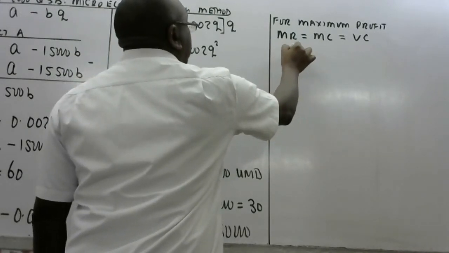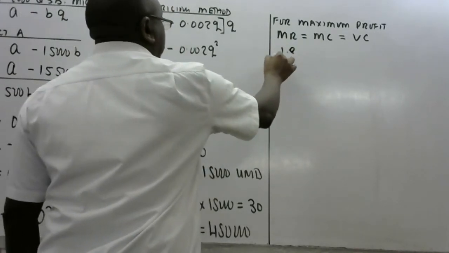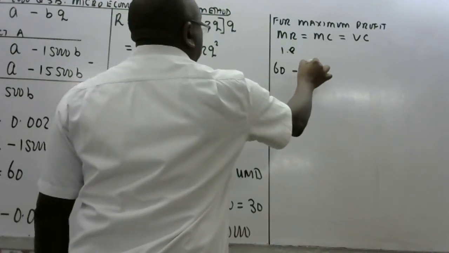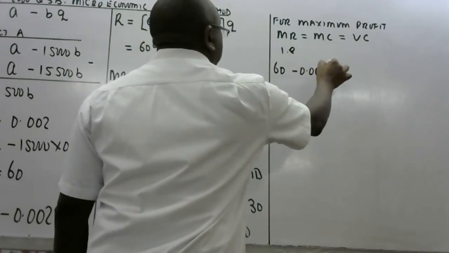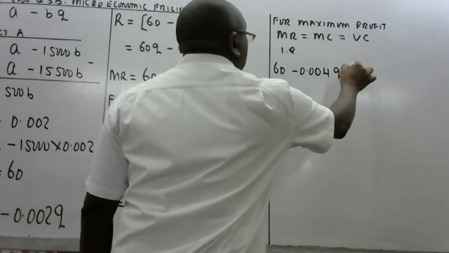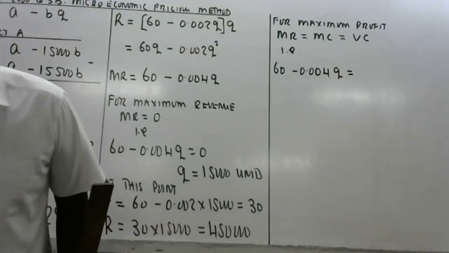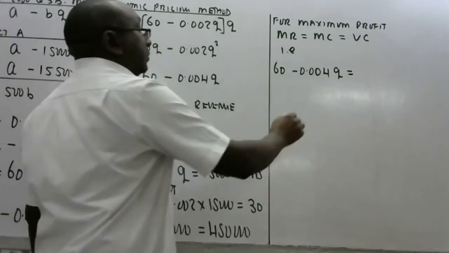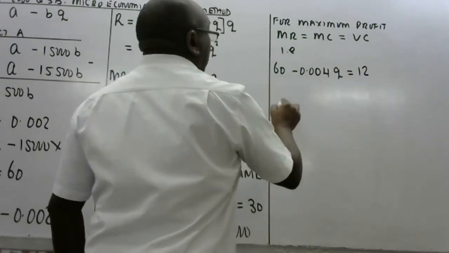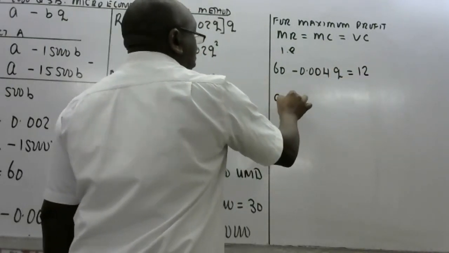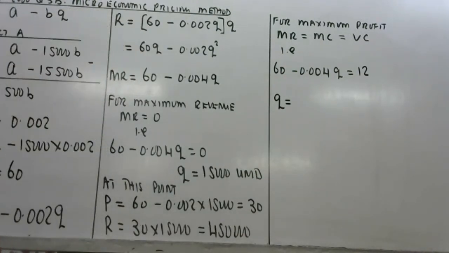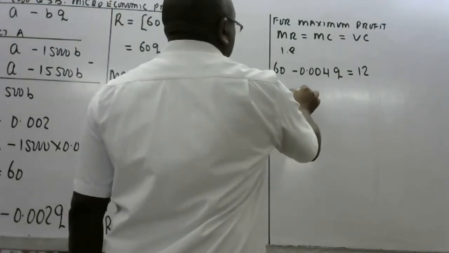That is 60 minus 0.004 Q. The marginal cost of A is 12. So that means Q should be 60 minus 12 is 48. You divide by 0.004 is 12,000 units.